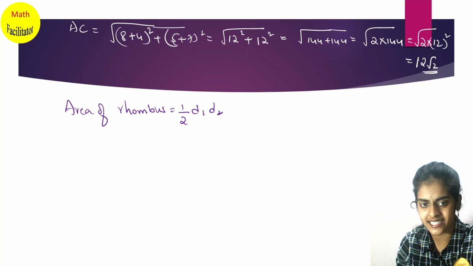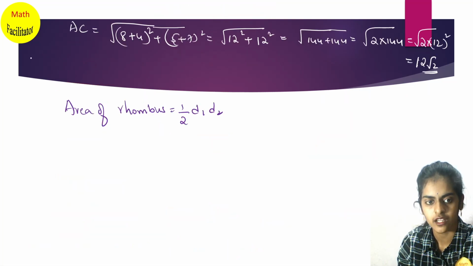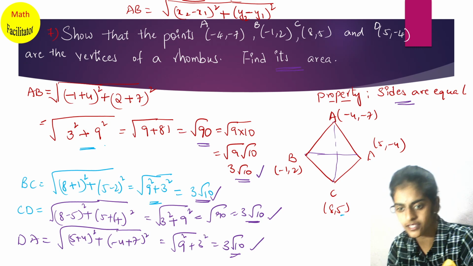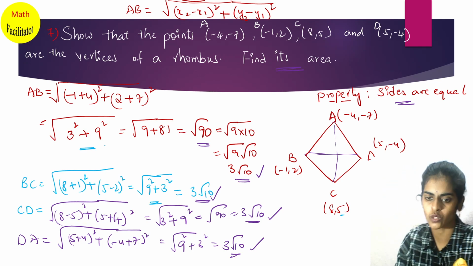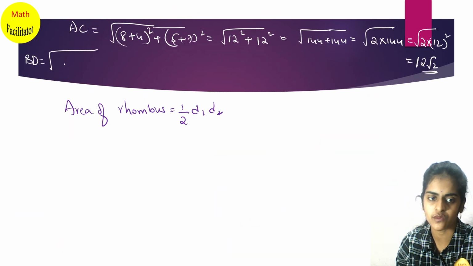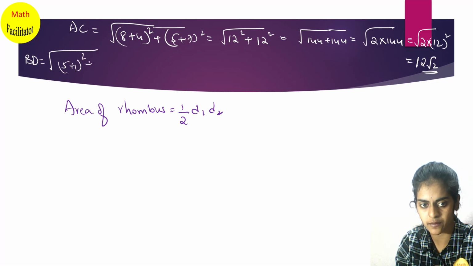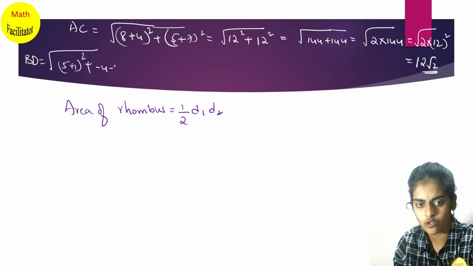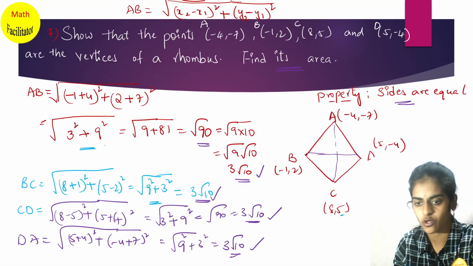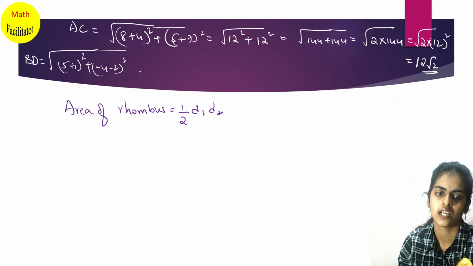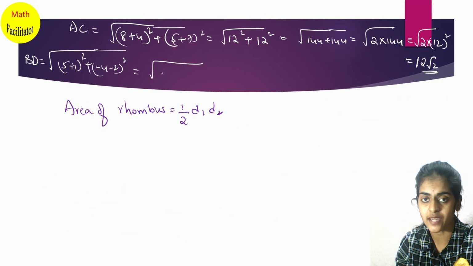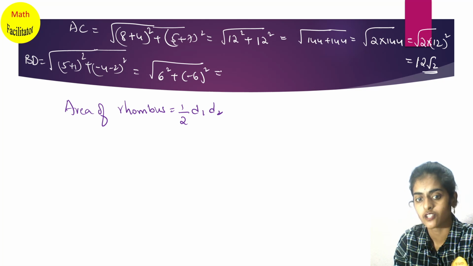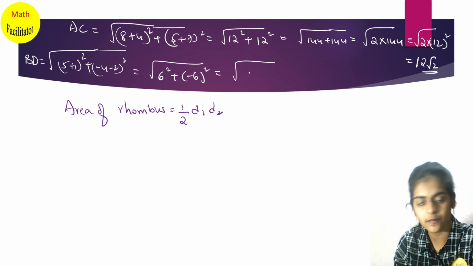Now see the next diagonal. Next diagonal is BD. These are the 2 points, minus 1, 2 and 5, minus 4. So 5 minus of minus 1 is 5 plus 1 whole square, plus the y coordinates, minus 4 minus 2 whole square. That is equal to root over 5 plus 1 is 6, so 6 square plus minus 6 square.